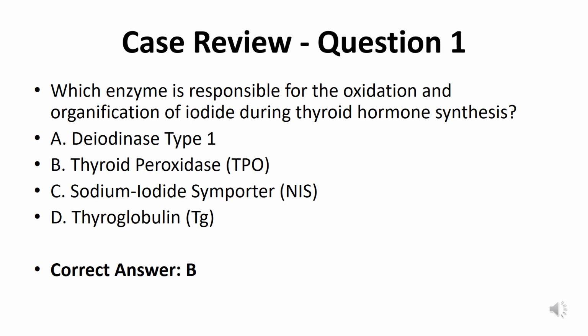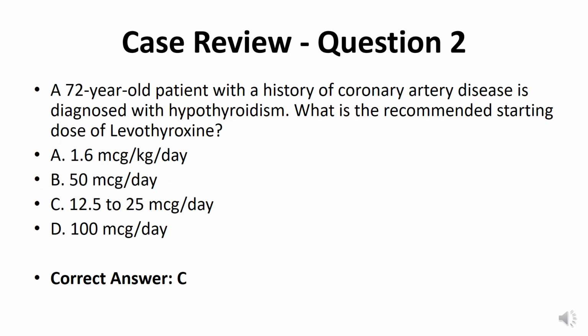Thyroglobulin acts as the protein scaffold where thyroid hormone synthesis occurs, but it is not the enzyme driving the reactions. So, the key enzyme responsible for oxidation and organification of iodide during thyroid hormone synthesis is thyroid peroxidase, making answer B the correct choice.